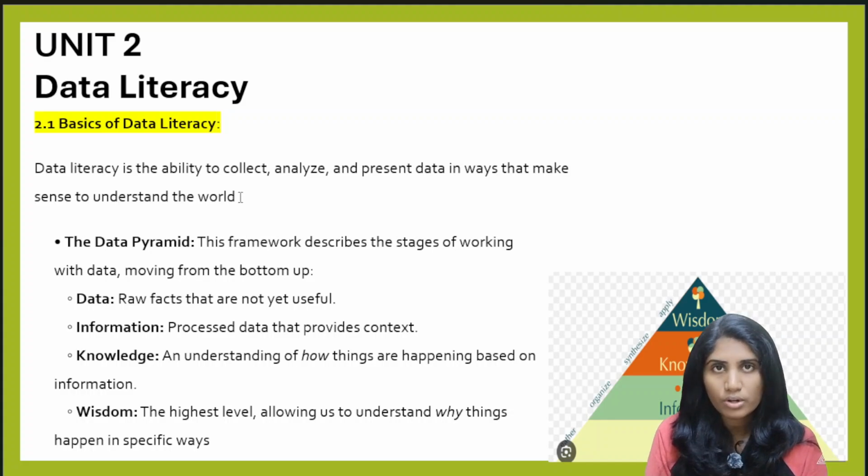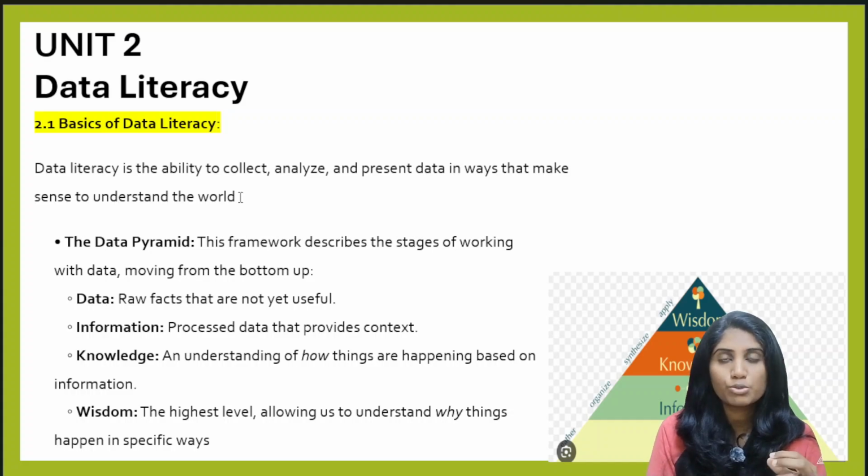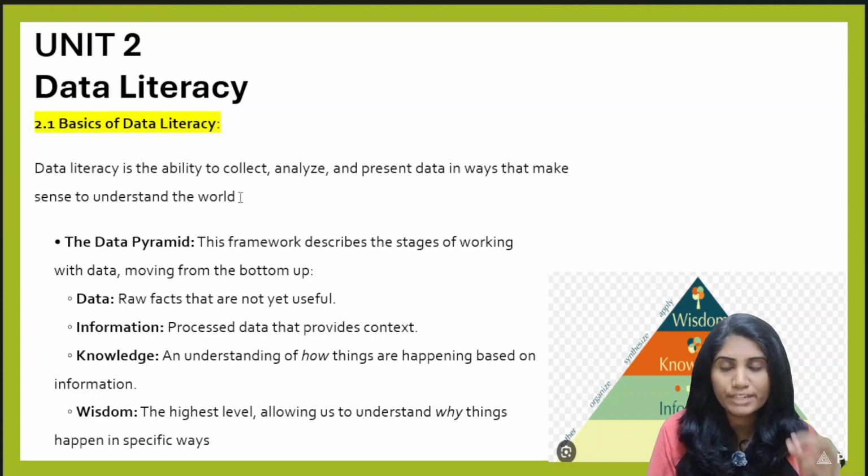Out of raw data you do some cleansing, apply some algorithms, and convert it into meaningful information, so that a government or anybody who wants this information out of the raw data will benefit, right? At that point you become data literate.